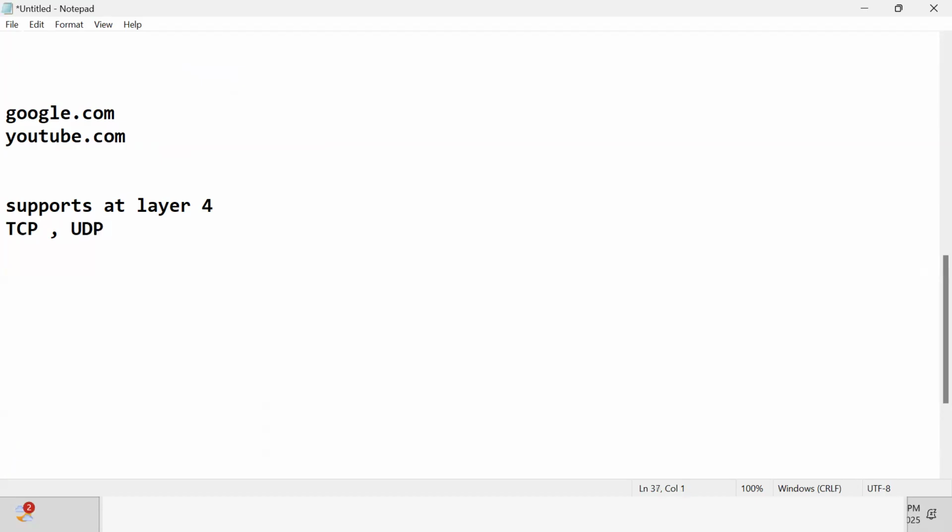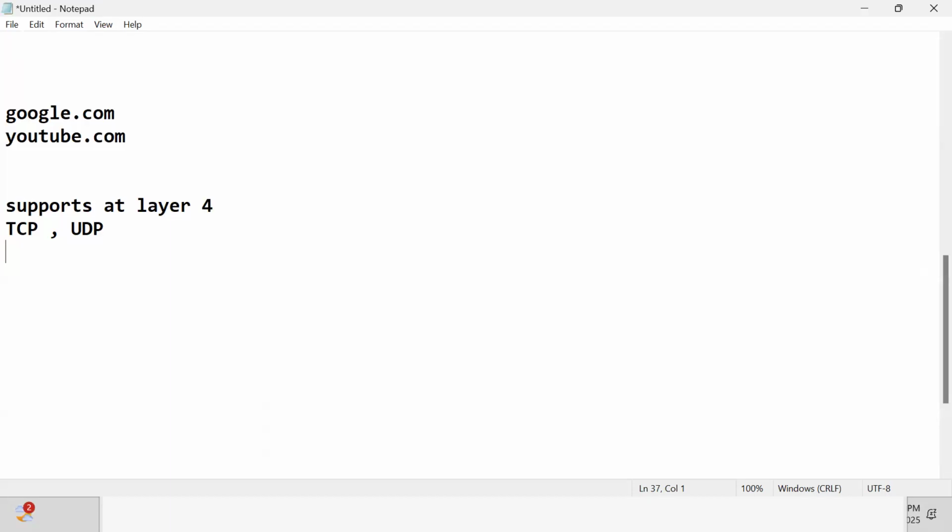Suppose I have two database servers, two Active Directory servers, or two DNS servers. Normally in that case we can't use application level, so we need to use TCP or UDP level. But application load balancer supports only web.